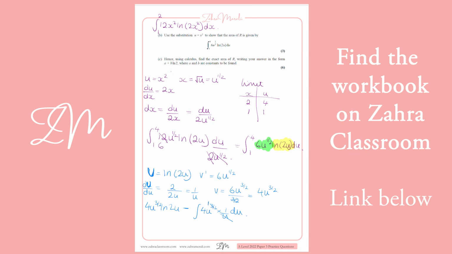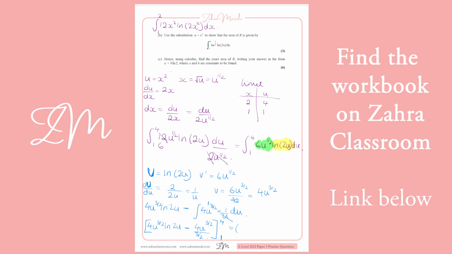So do that. And so the final integration, which we're going to stick values into, is going to be 4u to the 3 over 2 ln 2u minus, so add 1 to the power to make it 3 over 2, divide by 3 over 2, which is going to leave you with 4 over 9. And we want to stick our values in of 4 and 1.